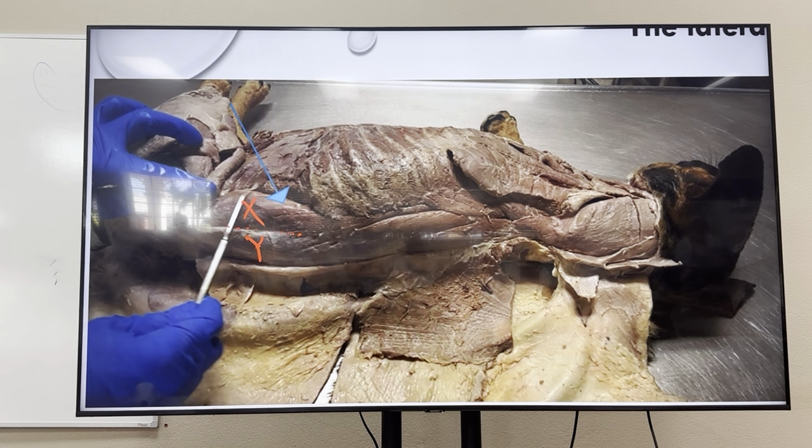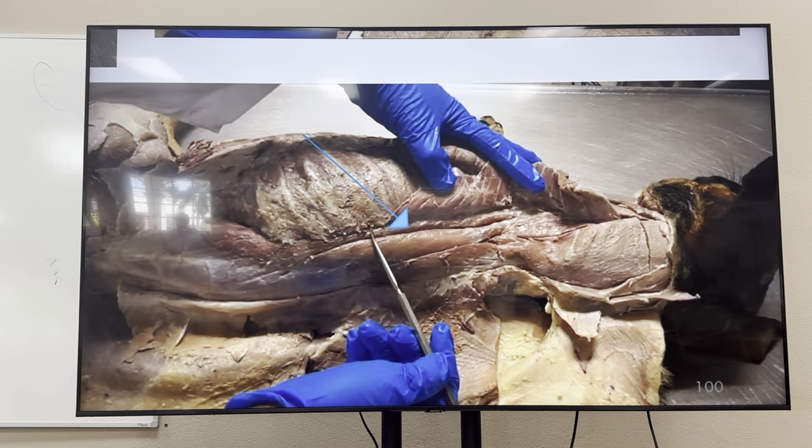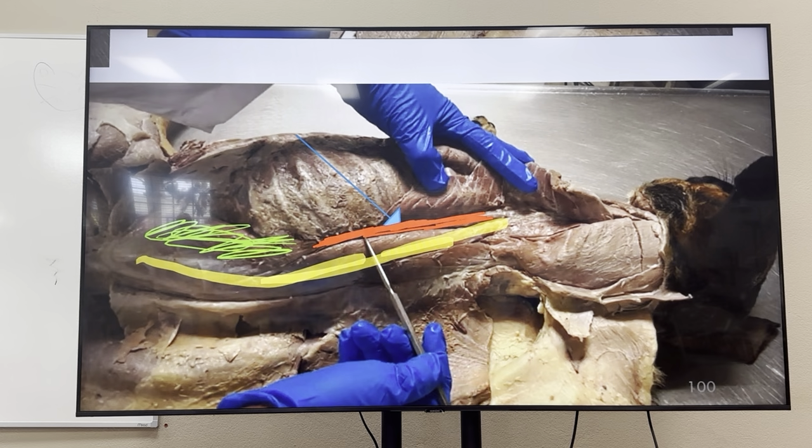That is what differentiates or demarcates between these two muscles, or else they are fused, their muscle fibers are intermingled or intertwined, and as they go cranially, they go their separate ways. So we have the iliocostalis thoracis here and iliocostalis lumborum here. And here we have the longissimus system.